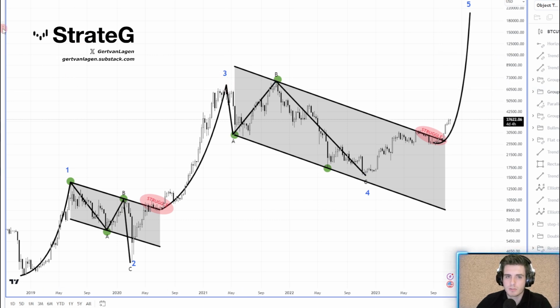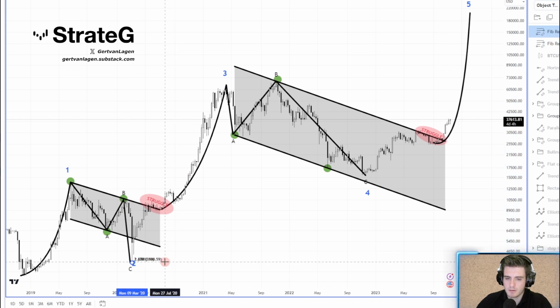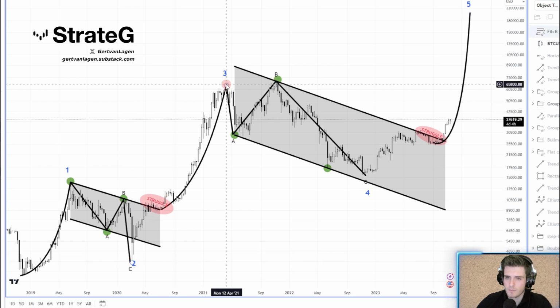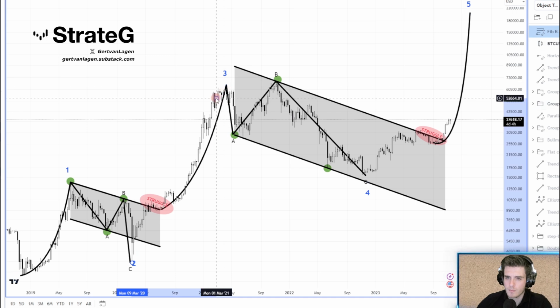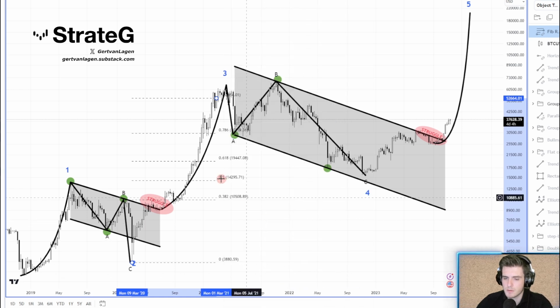What's important to show here is that if we take the top here at the 3 to the bottom here at 2, okay, wait a second. Let me quickly add those levels.